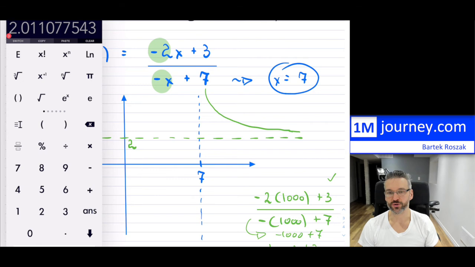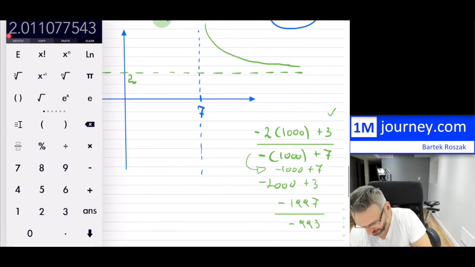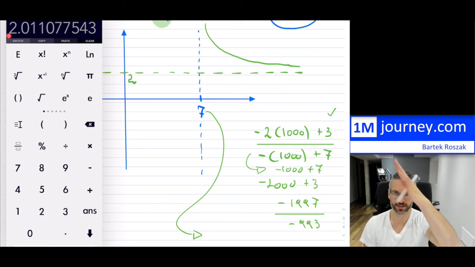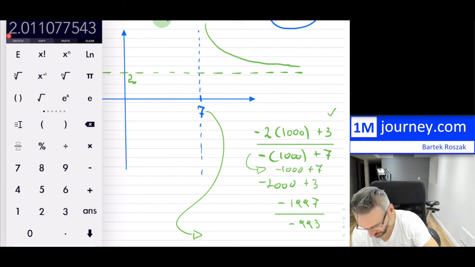Now, because you know the vertical asymptote is at 7, if you want to double check for yourself, where is it going? My guess is that it's going to be something like that. But you never know. Maybe it overshoots and then comes back like this. So that's something you have to check for yourself.